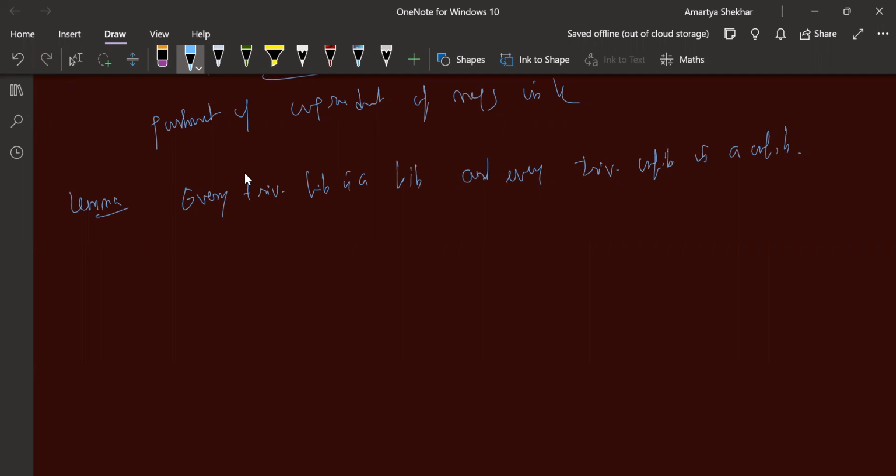You'll realize that it suffices to check that every horn inclusion is a cofibration, and you'll realize that every horn inclusion is in fact an I-cell complex. The way I've defined I is as a set of boundary inclusions. So you can prove it as follows: a horn inclusion is an I-cell complex of height 2.